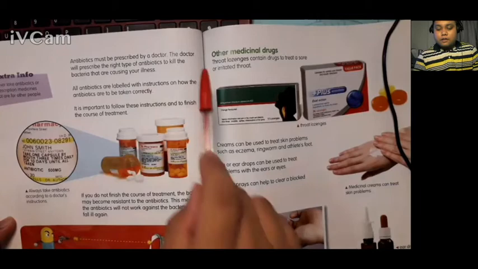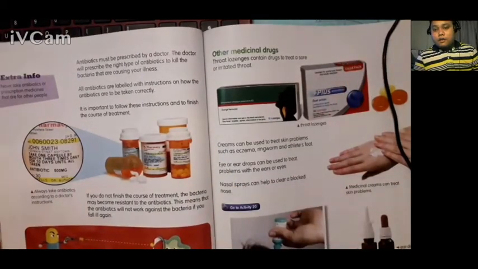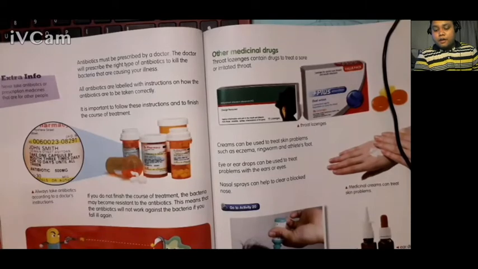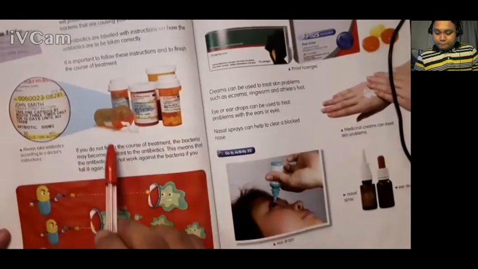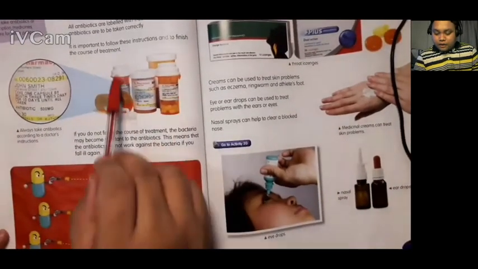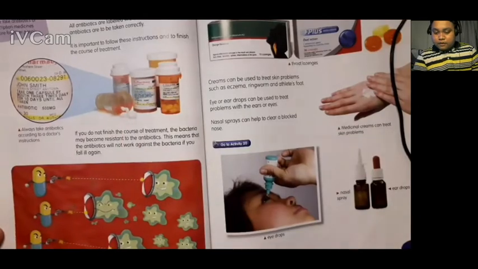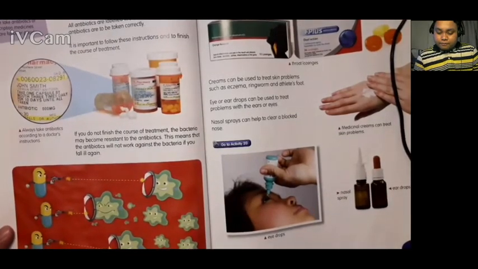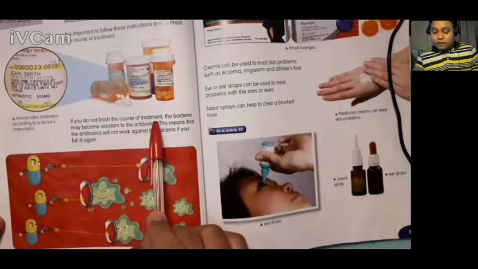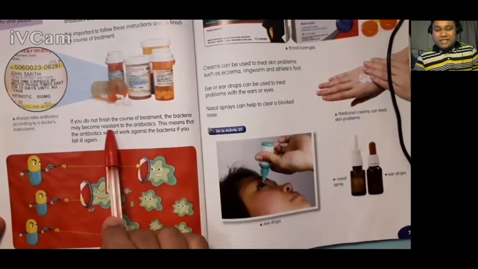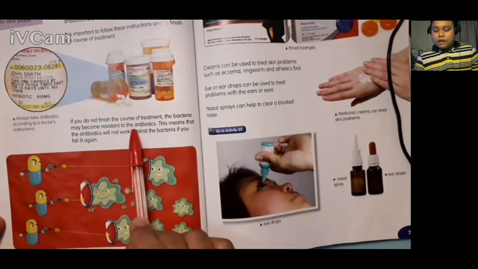So basically it's saying you have to follow what your doctor prescribes, and you also have to follow the labeled instructions. So this is how it looks like. We have bottles of antibiotics here. If you do not finish the course of treatment, the bacteria may become resistant to the antibiotics.